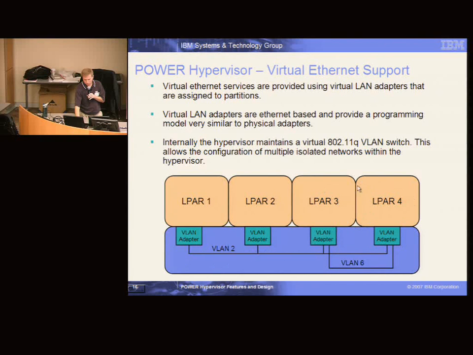And then LPAR 3 and LPAR 4, their VLAN adapters are also allowed to access VLAN 6. But traffic that they send out to VLAN 6 wouldn't go over to 1 and 2. Recently we've also added the ability where the customer can create multiple switches and assign partitions to different switches. It provides further isolation from the person configuring it making a mistake and allowing 2 partitions to talk to each other when they don't intend that.